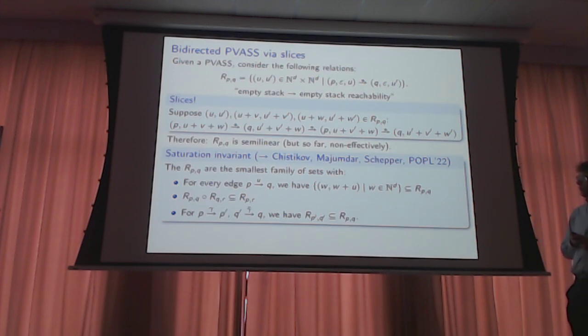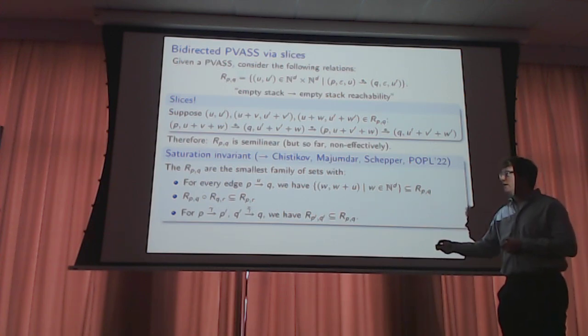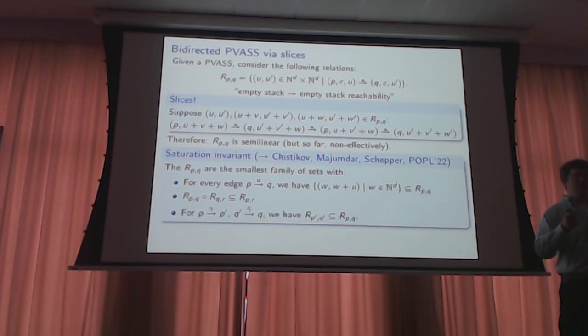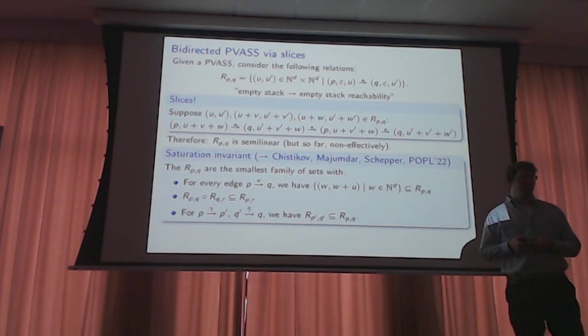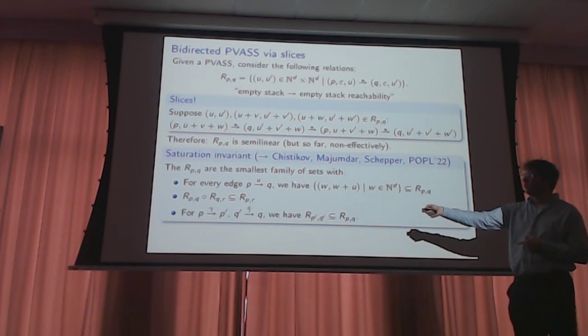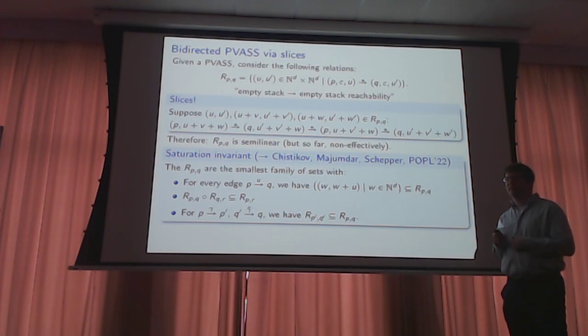So now you can observe that if you have a semi-linear set with all these properties, and it doesn't contain the pair where you want to know reachability, then you can conclude there can be no reachability, because it's a saturation invariant. It's not an invariant under the reachability relation, but it's an invariant under the saturation algorithm of push-down automata. Right? These conditions come from the classical push-down saturation.